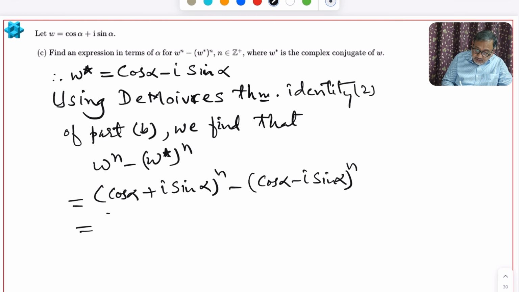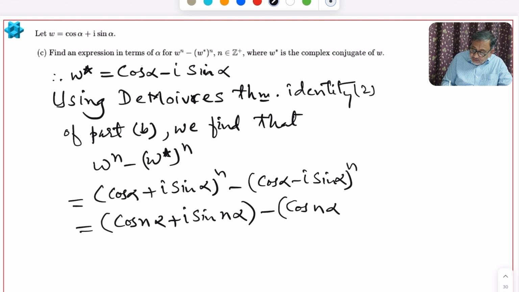So by De Moivre's theorem, it will be cos n alpha plus I sin n alpha minus cos n alpha minus I sin of n alpha, right?